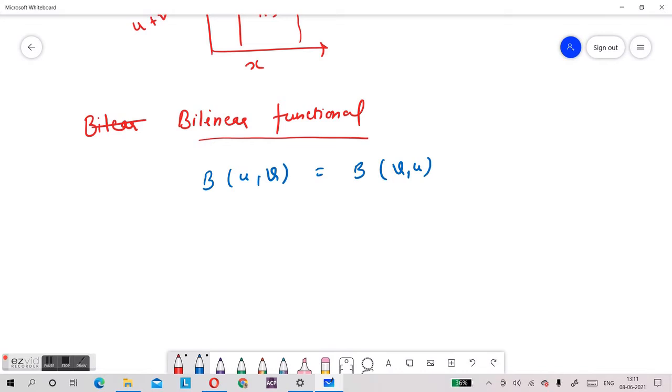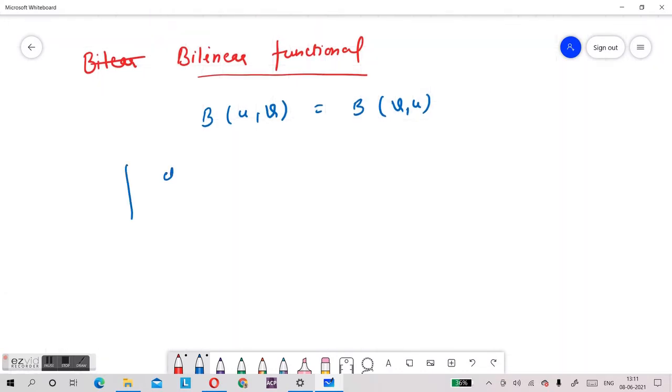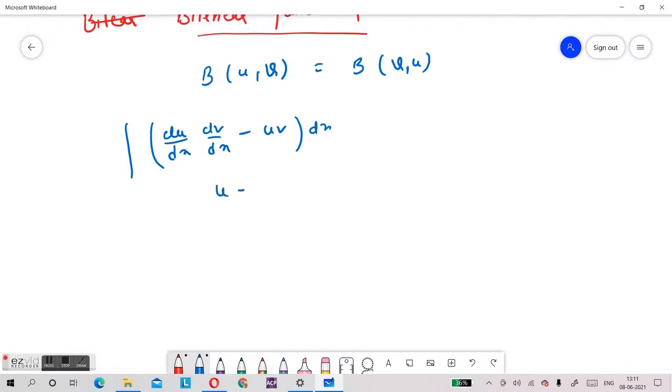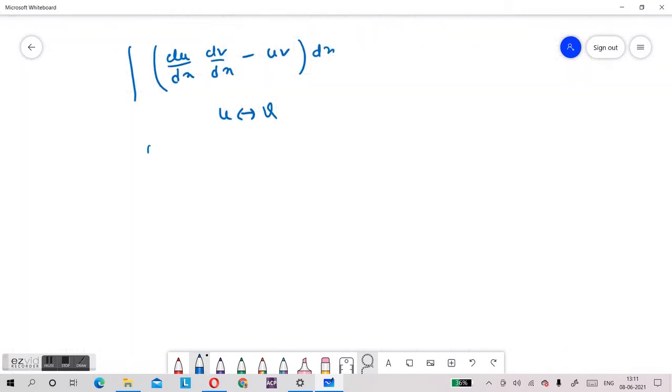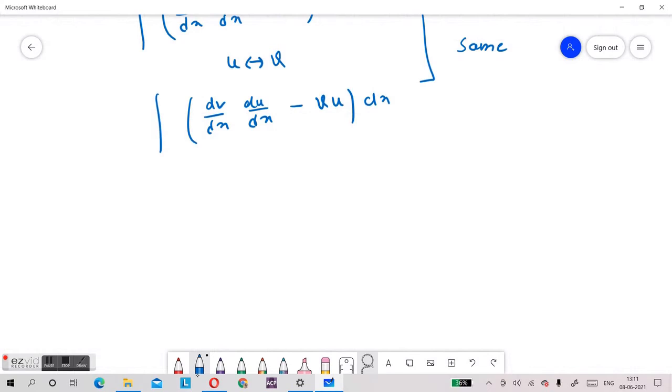Just take an example: du over dx and dv over dx minus uv dx. Okay, so this is an example. If we change the location of u with v and v with u, then it will look like this way: dv over dx du over dx minus vu dx. So these both are the same, so we can call it a bilinear functional.